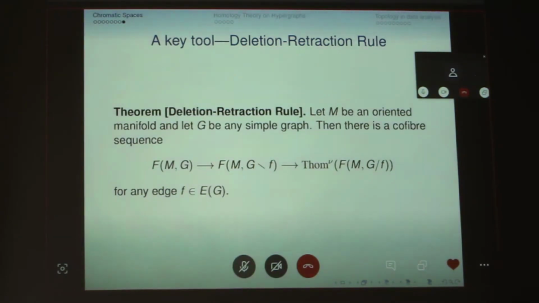Now, for the general chromatic space, this fibration may not work.